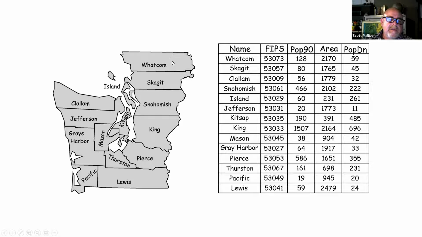So here you have individual counties. You have the name, so you have the GIS features, and then the attributes: the name, the FIPS code, population, area, population density, and this is attribute information that goes along with each one. So one row goes along with one feature.